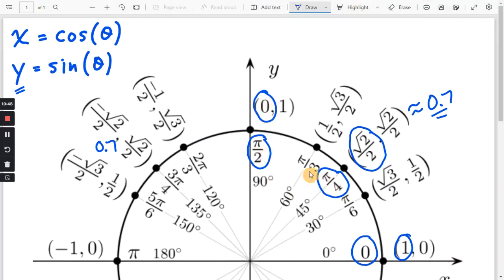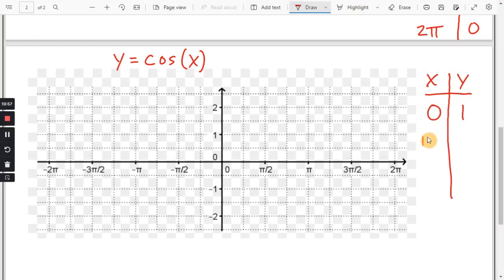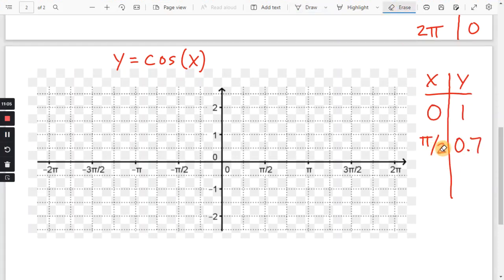All right, so let's finish these two. We have 0.7 and then 0. I'm sorry, that was pi over 4. Pi over 4, it was 0.7. And then pi over 2, it was 0.